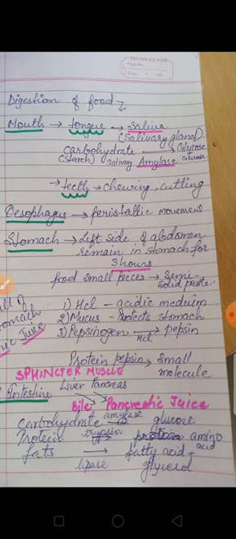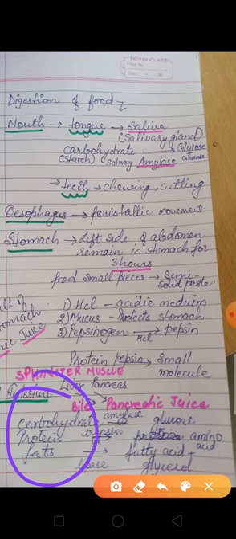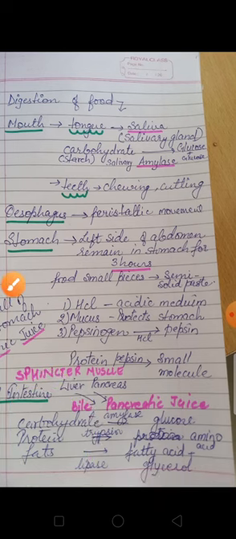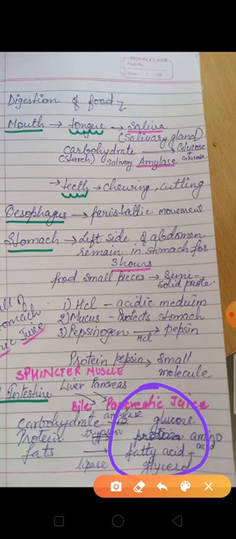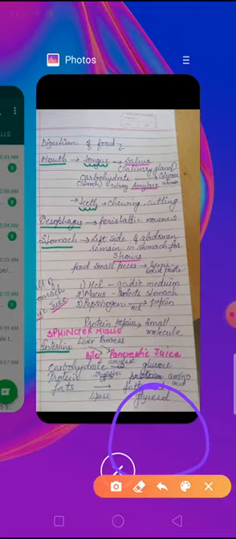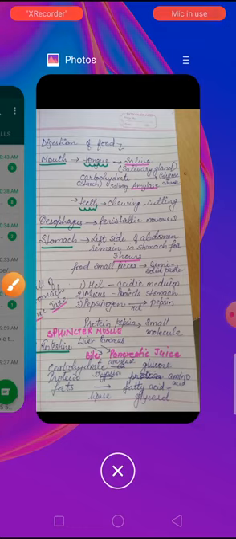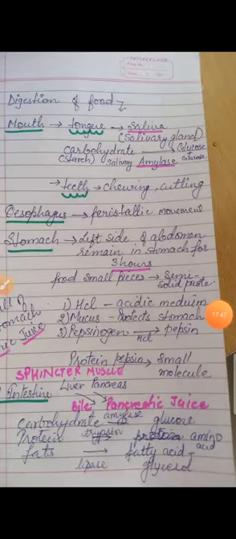So the main complex materials, these three, are what? Carbohydrate, protein and fat. All the complex material will be broken down into simpler components, which can be easily absorbed. So this simplest component which you see, glucose, amino acid, fatty acid and glycerol, can be easily taken by the large intestine.